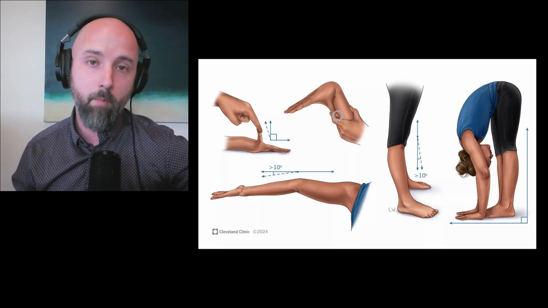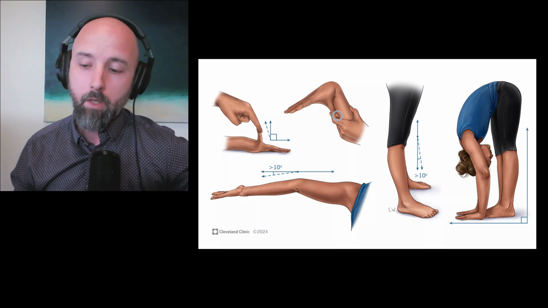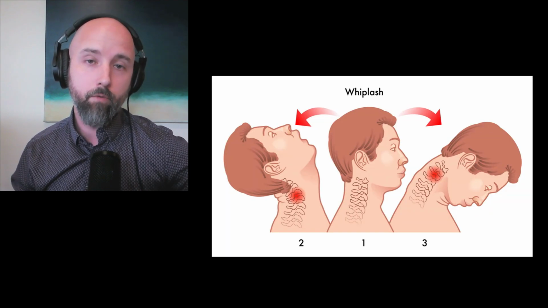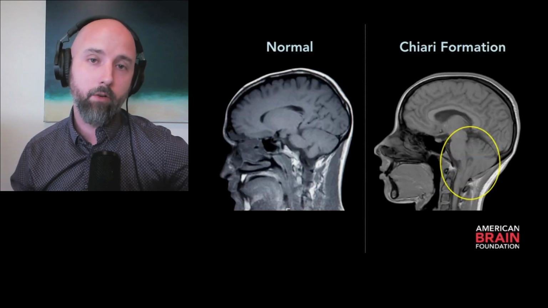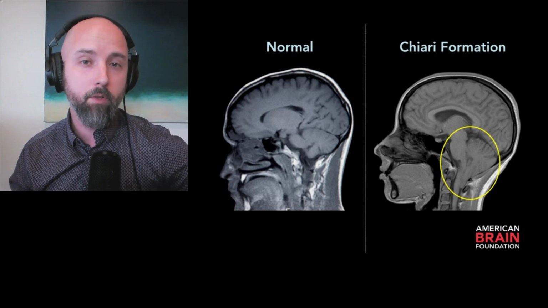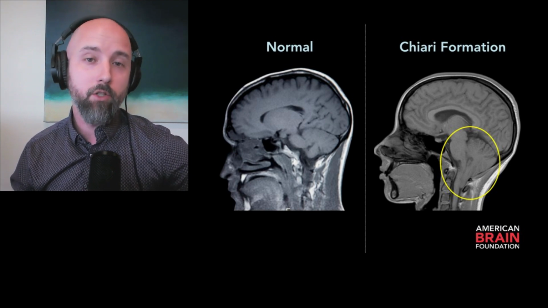They're often associated with things like Ehlers-Danlos syndrome and hypermobility syndromes, and can also be associated with, as can the mid-cervical instability, whiplash injuries and motor vehicle accidents and things like that. Another type is called Chiari malformation, and this is also associated with hypermobility syndromes, but it is a congenital deformity.